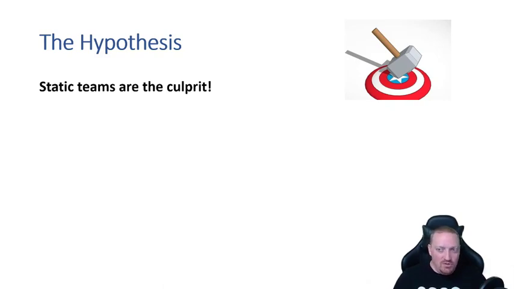So if you go beyond development and think about enterprise organizations that are not development based, you'll find a lot of instances where teams are not static. They don't stay together for long periods of time. They're very short lived.